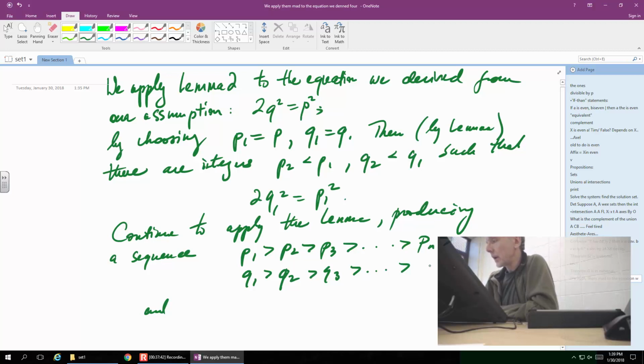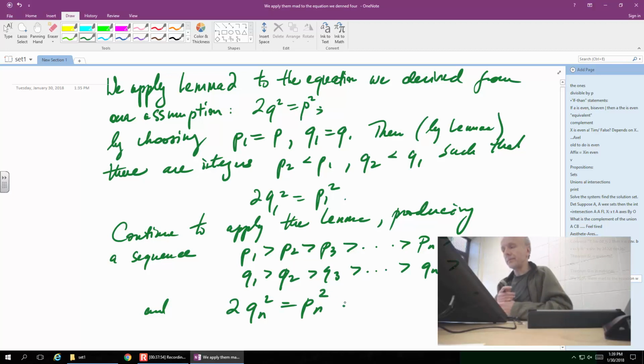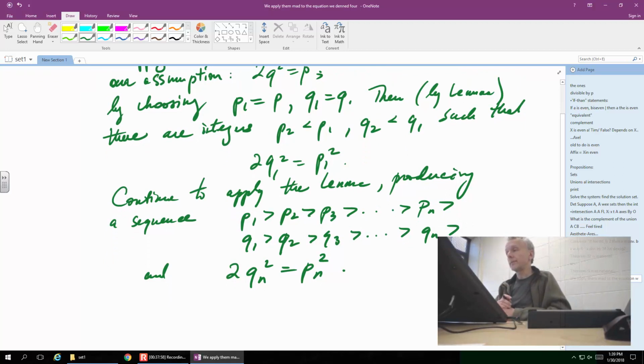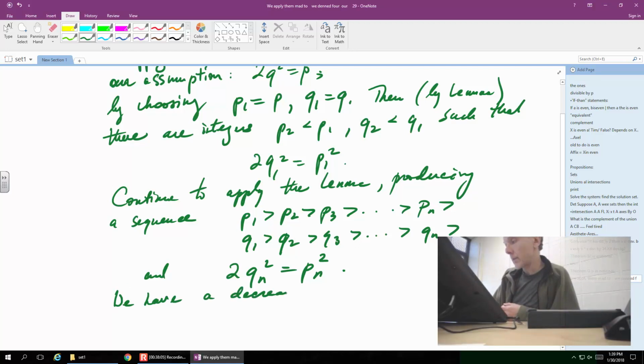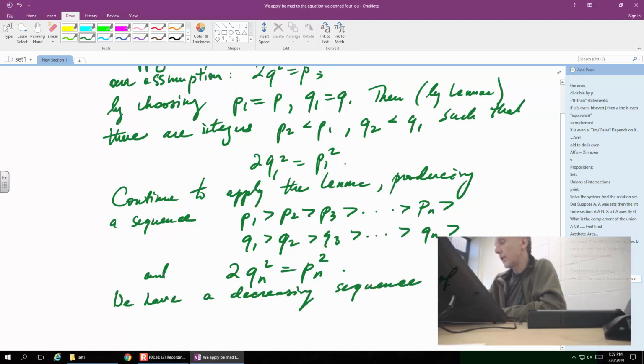So Pn, Qn, and what's the relation between Pn and Qn? That is our equation: 2Qn squared is equal to Pn squared. So we have then a decreasing sequence of positive integers. We actually need only one sequence to have a contradiction.